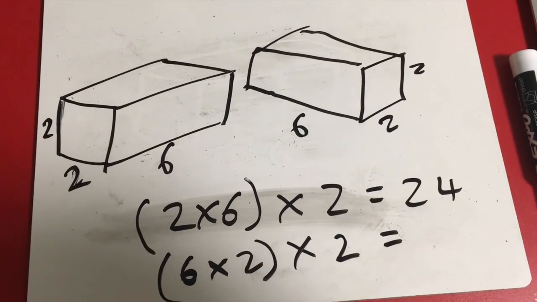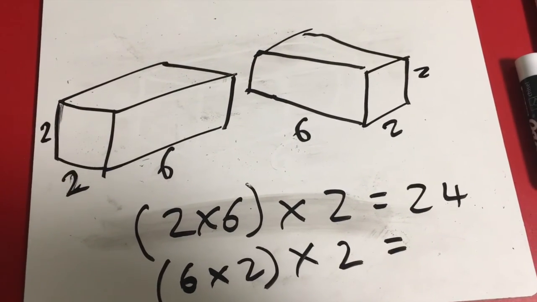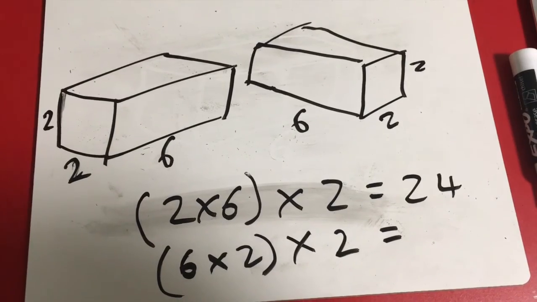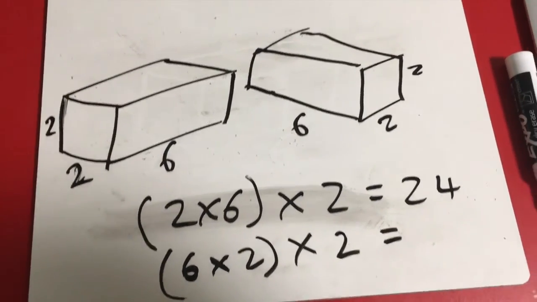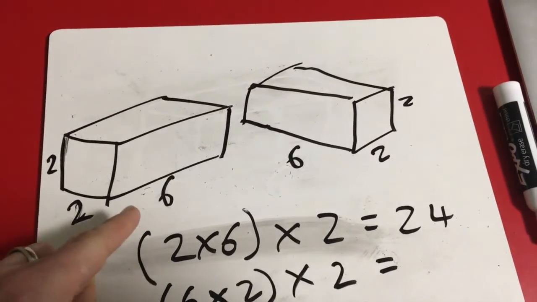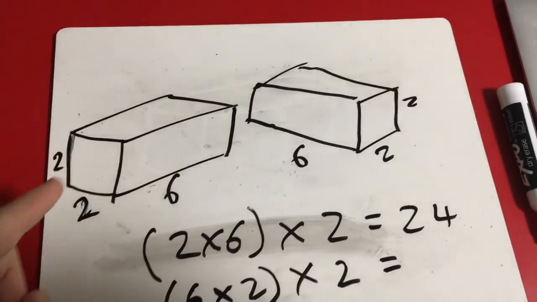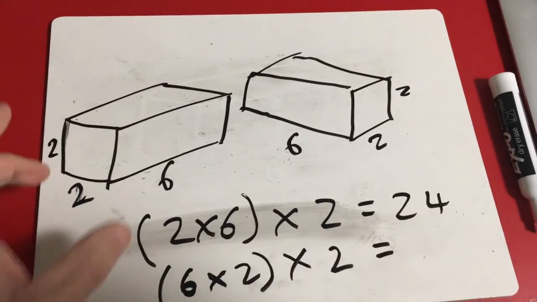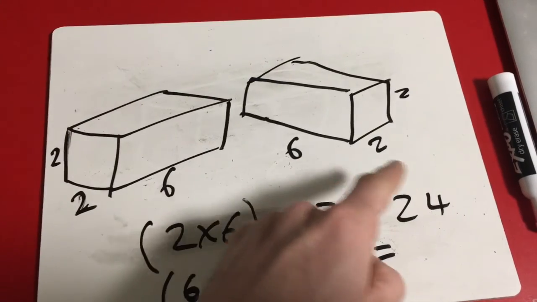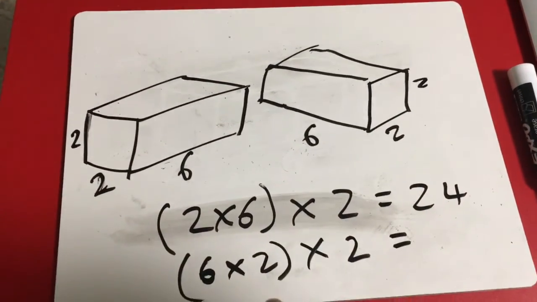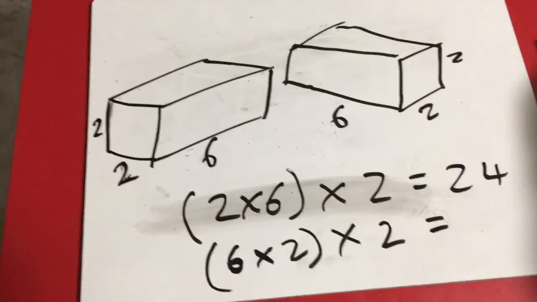Once I found my factors of 24, this is a matter of rearranging them to think about different boxes. Right here I have 2 by 6 by 2. If I take that same box and just merely twist it through 90 degrees, I now have 6 by 2 by 2. Both are going to equal 24.